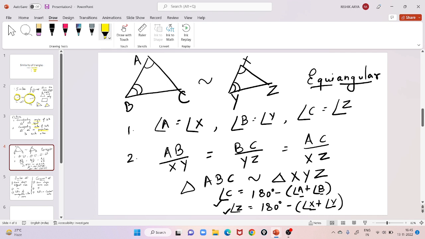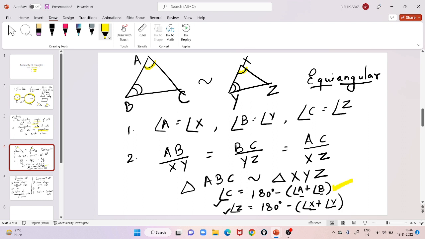It means that if angle A value is 30 degrees and X is also 30 degrees, then angle A is equal to X. If angle B value is 40 degrees and Y is also 40 degrees, then angle B equals Y. And if these two angles are equal, then C automatically becomes equal to Z because of the angle sum property of a triangle. Because we know that the sum of three angles of a triangle is equal to 180 degrees.